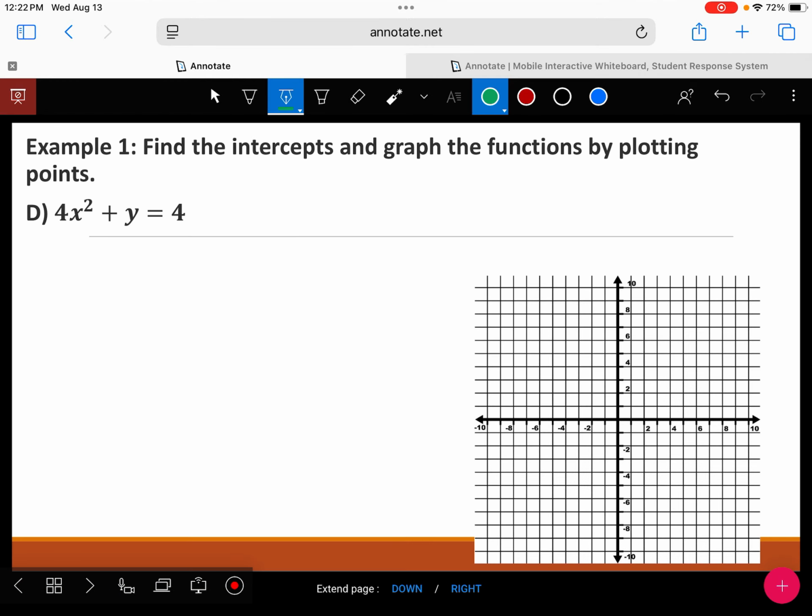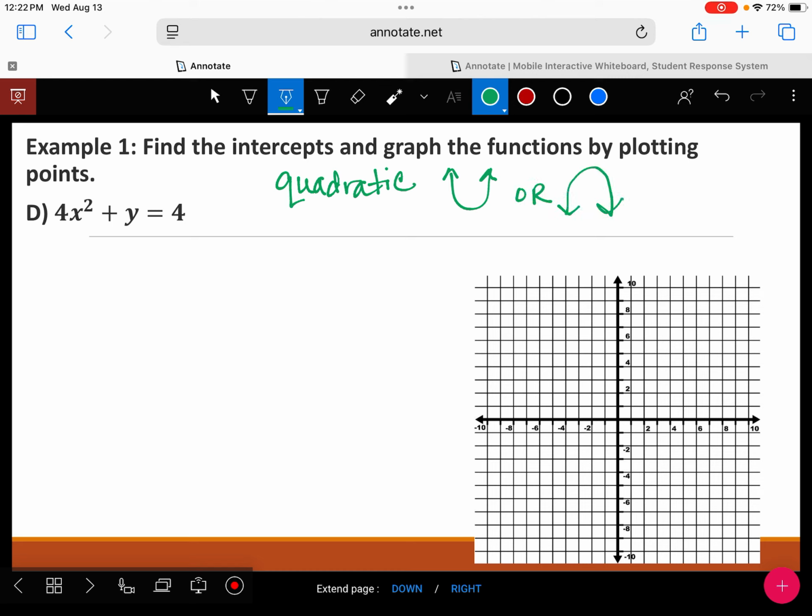All right, last one for today. Go ahead and copy down D. Now we have a quadratic. Remember, a quadratic looks like a parabola. So whenever you're graphing a quadratic, it's going to be either a smile or a frown.